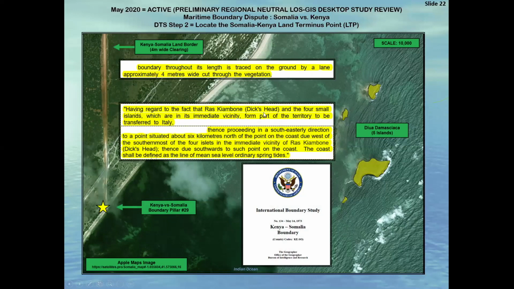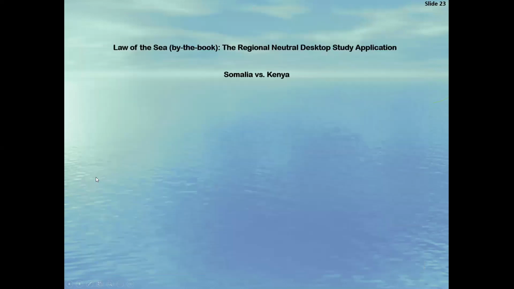It talks all about describing Dick's Head, and it also talks about where the coast shall be terminated down here. So this is the Kenya, Somalia location boundary pillar 29, as we have researched it. And again, you can see on this image, this is Somalia and this is Kenya. So this is the land border.